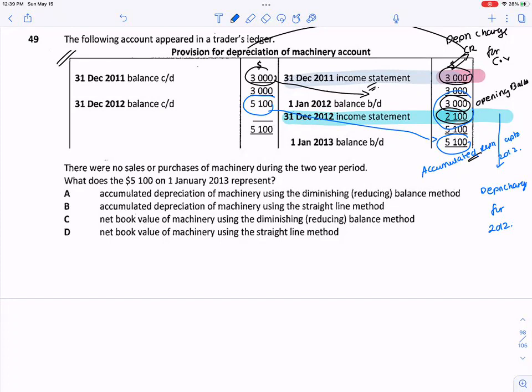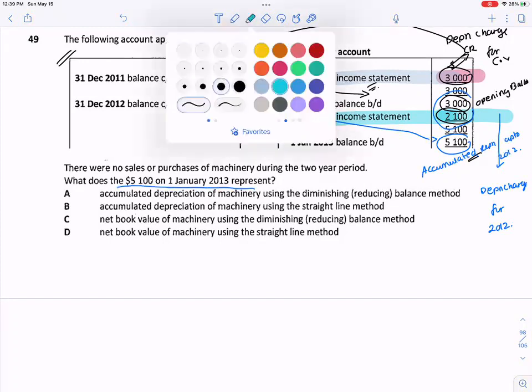What does $5,100 on 1st January represent?